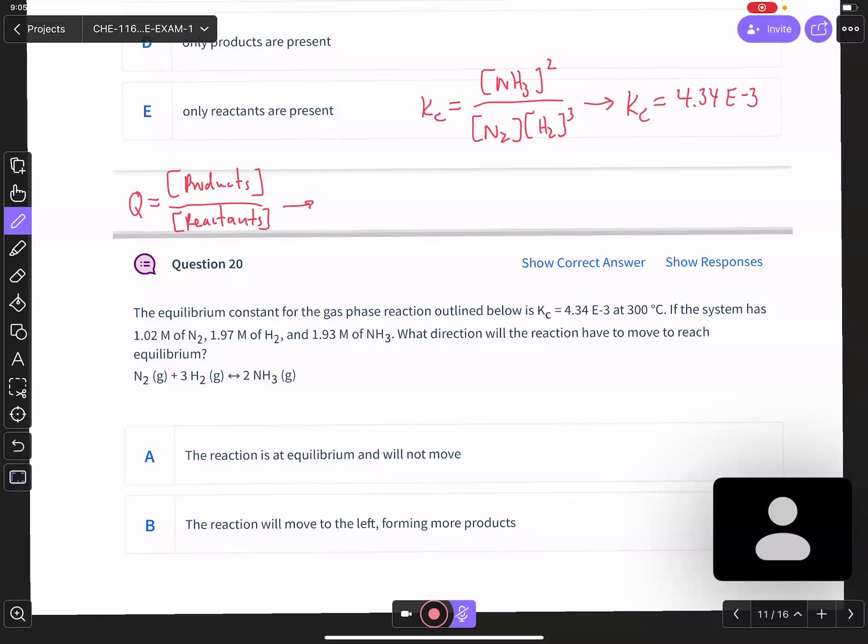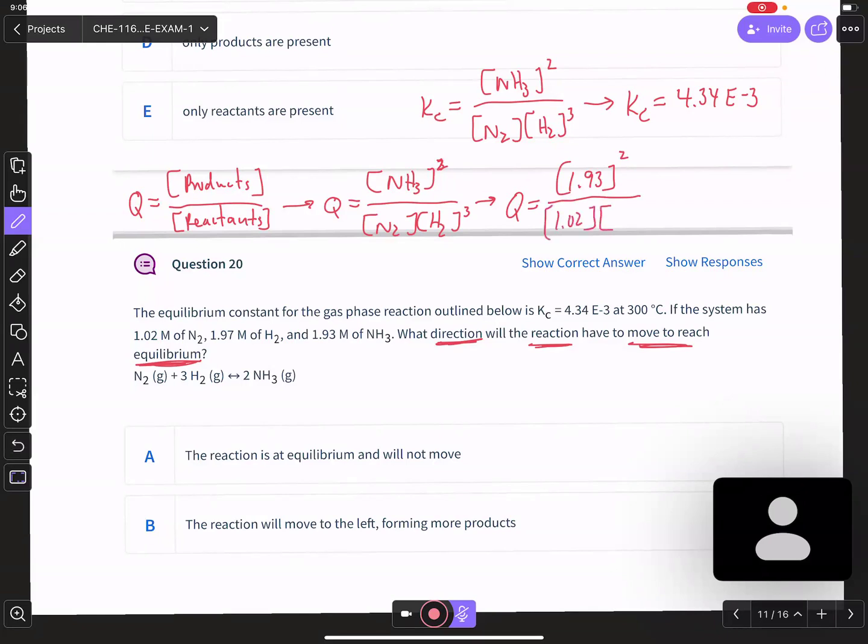So we're not at equilibrium. We have these concentrations and we want to know what direction the reaction will move to reach equilibrium. So Q would be done the same way: the concentration of ammonia that we have squared, divided by the concentration of nitrogen times the concentration of hydrogen cubed. Plug in our values. I've got 1.93 squared divided by 1.02 times 1.97 cubed.